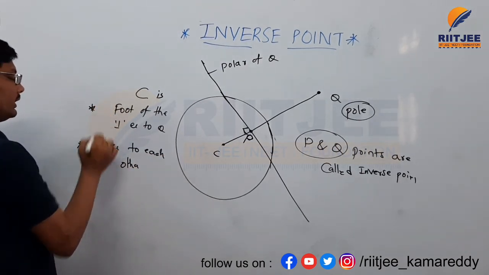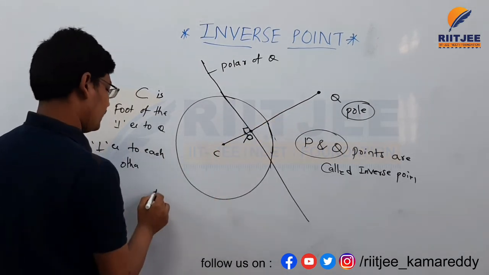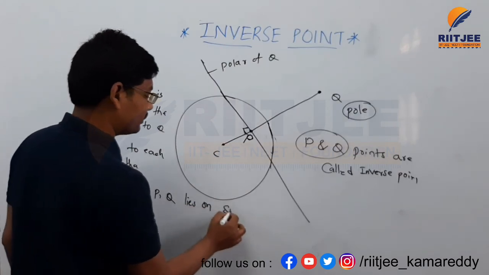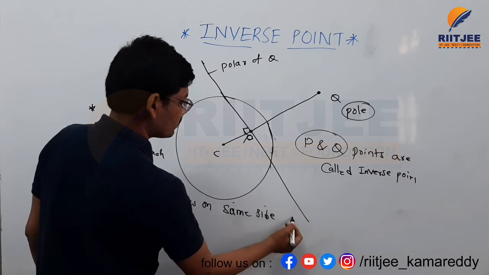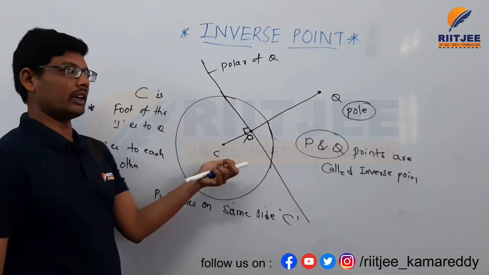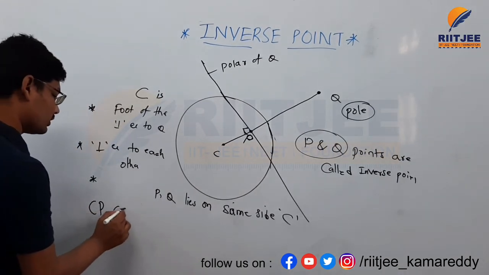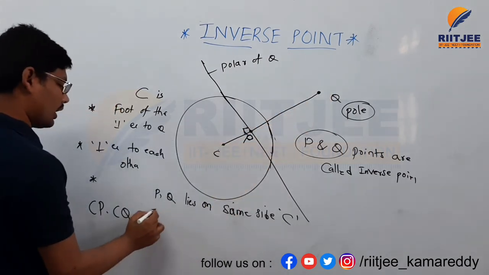The next one: P and Q lie on the same side of C. And the next one is CP into CQ is equal to r square.